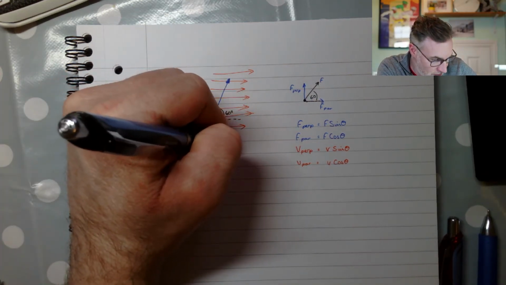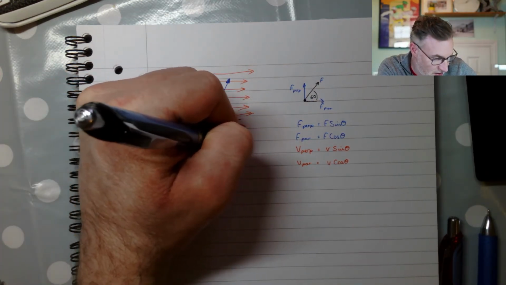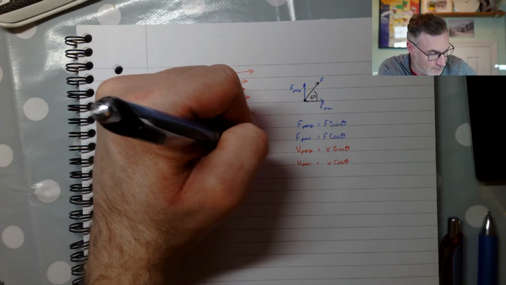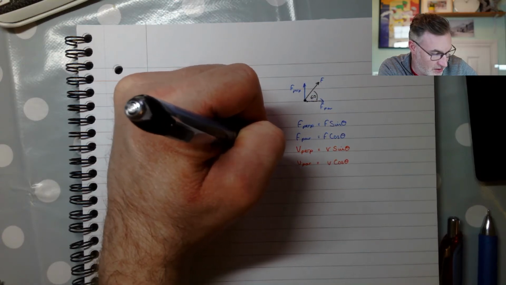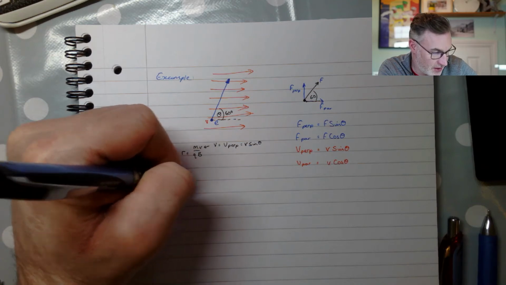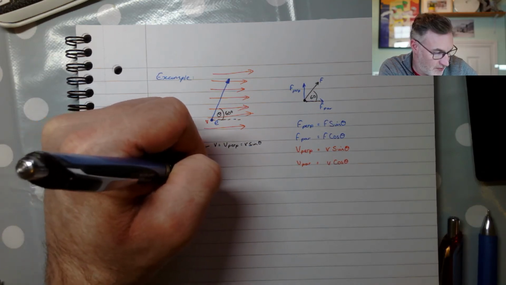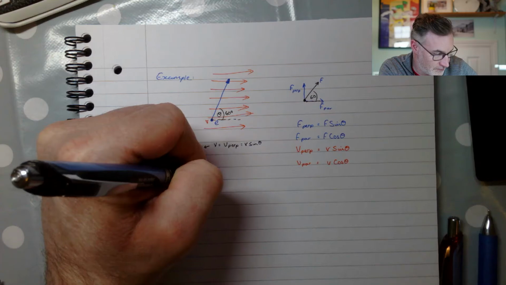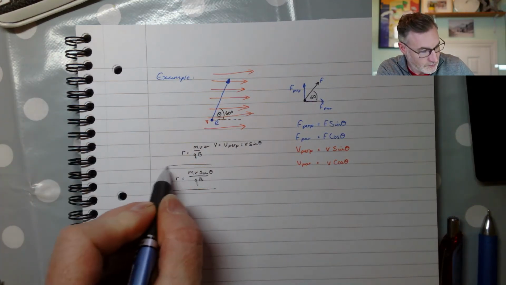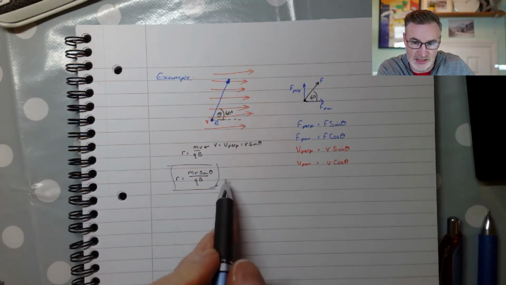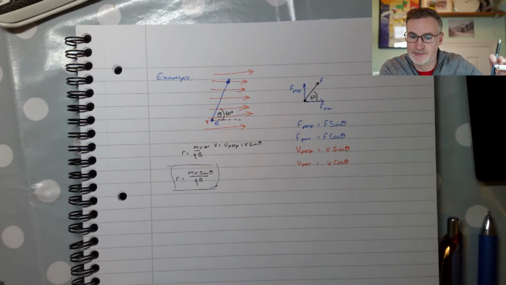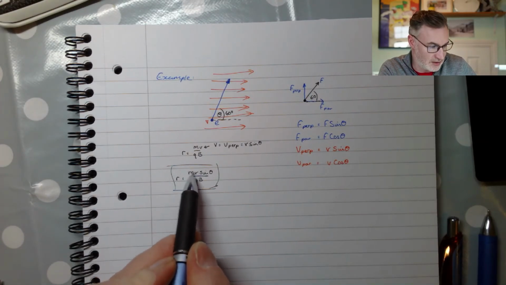And so that would be v is equal to v perpendicular, which we're going to say is v sine theta. So we could really rewrite that just as v sine theta over qB. And so in this case, we would have sine theta at 60 degrees and everything as before.